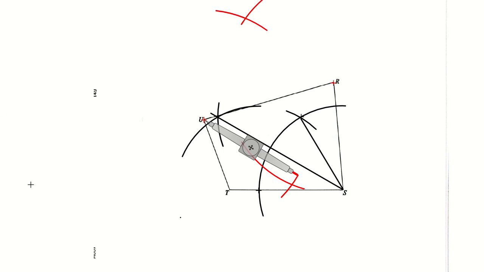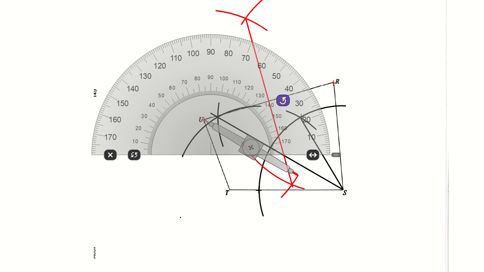Now, where those two lines intersect would be your 90 degrees. I'm going to connect those two lines. Right. And if you want, you can take your protractor, check to see if it is 90.